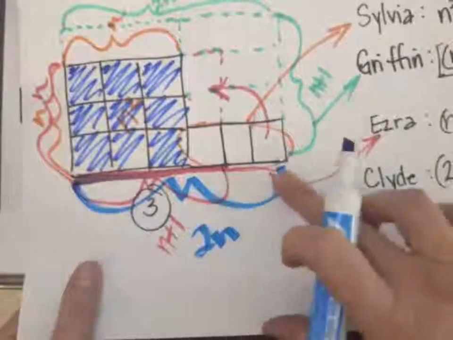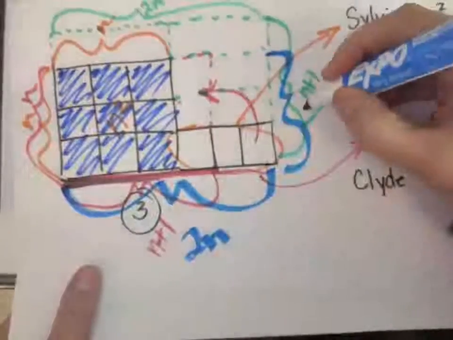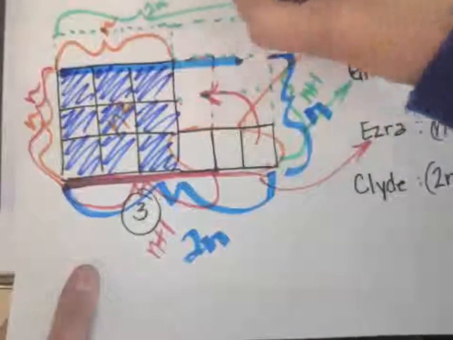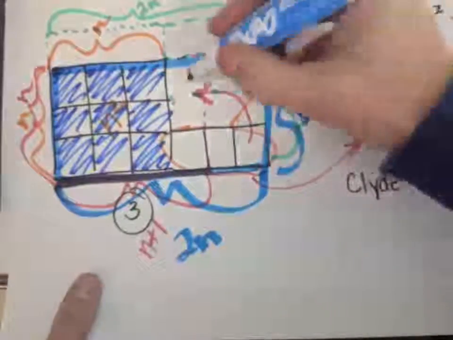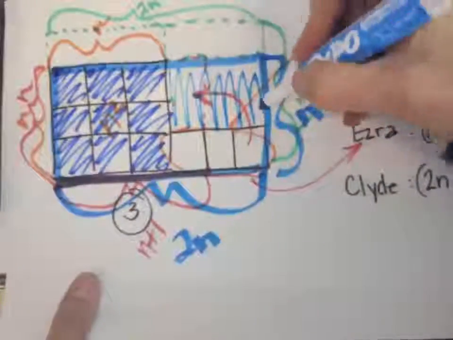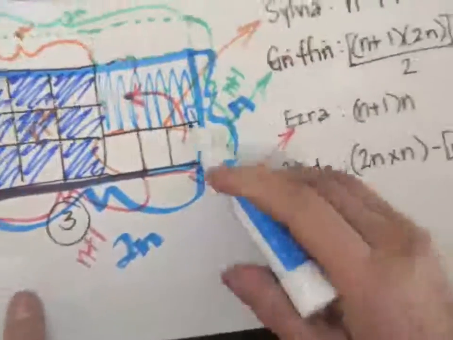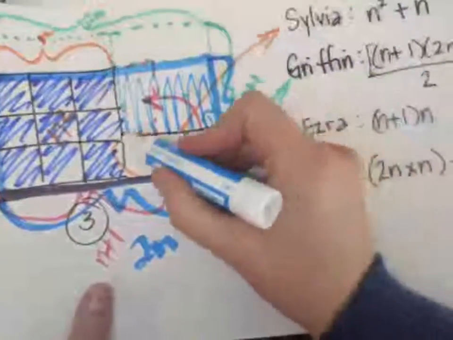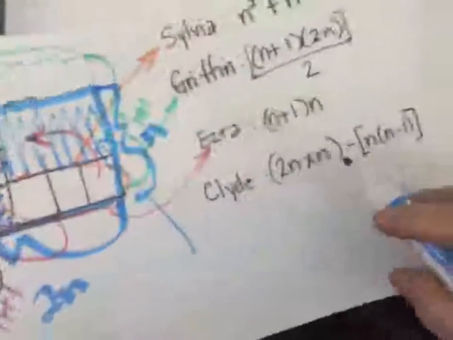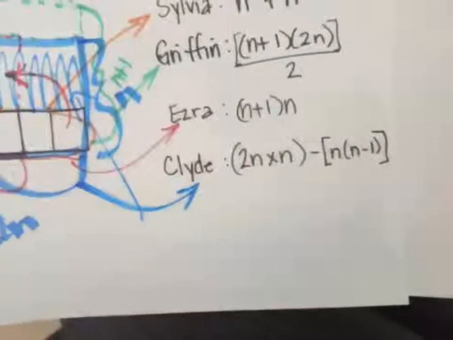He noticed that that was always double the stage number, times this right here, which is n. So he was making this rectangle, and then he realized he has to subtract all of this negative space, if you call it that. And so he had to subtract this little rectangle, which has the dimensions n by n minus 1. And so that's why he came up with this expression.